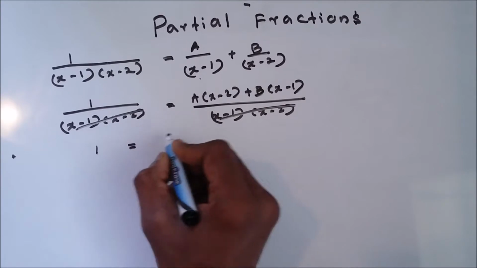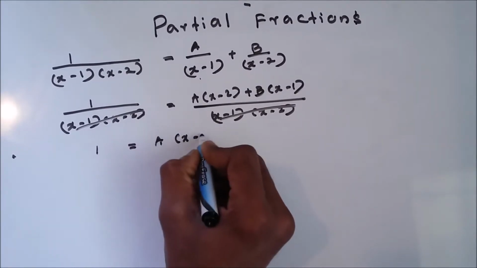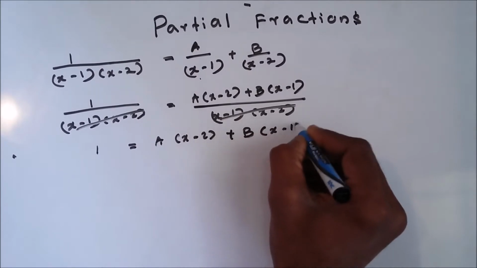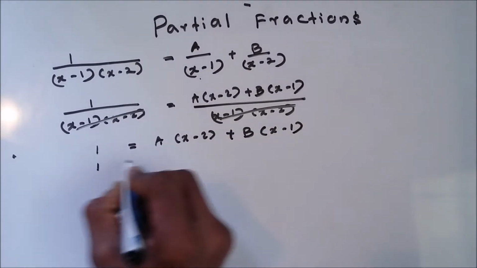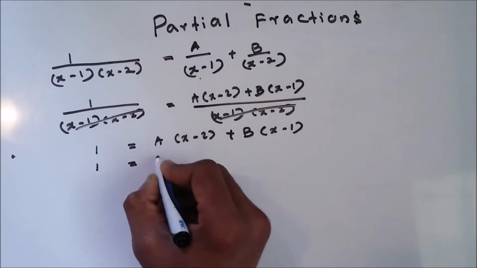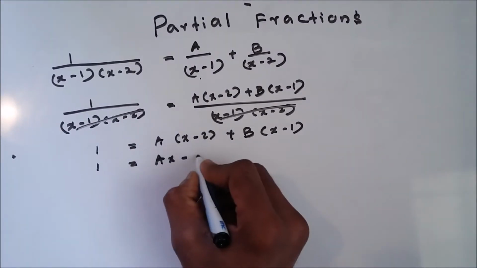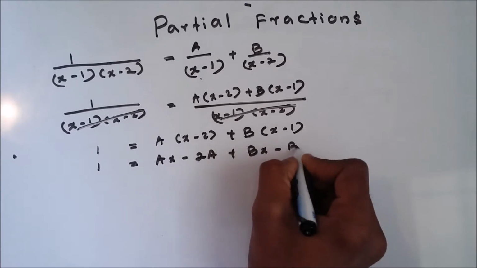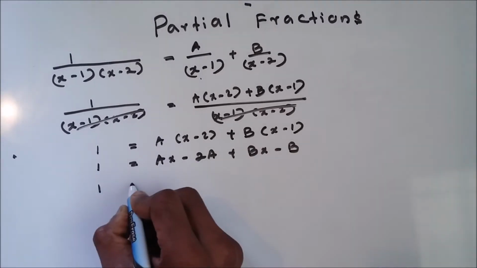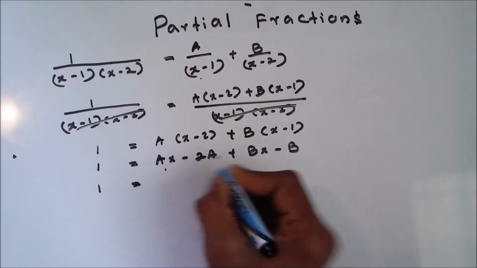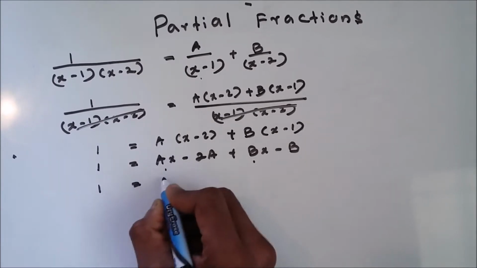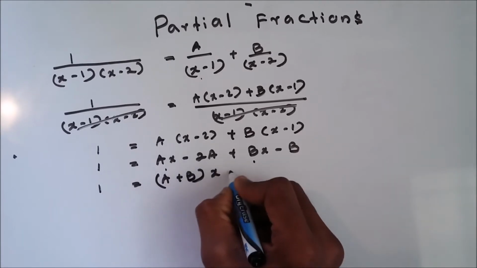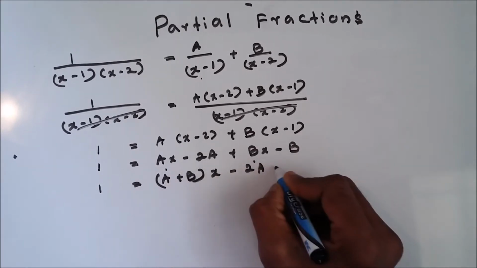Now we get A(x minus 2) plus B(x minus 1). We can expand this: Ax minus 2A plus Bx minus B. 1 equals, taking these together, (A plus B)x minus 2A minus B.